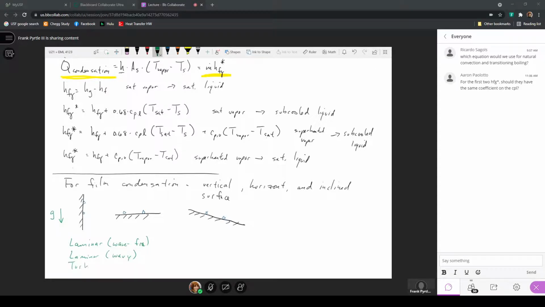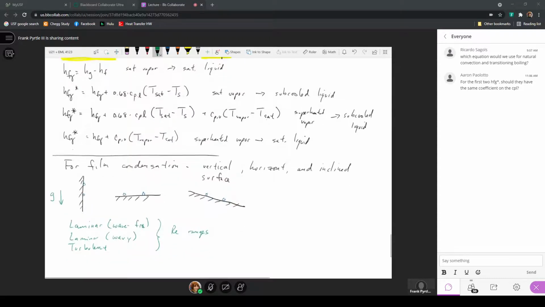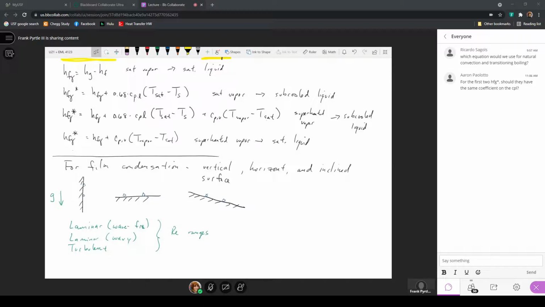And then we also have a turbulent condition. These are all based on Reynolds number ranges. I won't go through them because I don't plan to give you any problems where you have to actually solve these, but if it's a vertical, horizontal, or inclined surface, it's going to tell you this is the geometry or the orientation for the surface. I'd limit myself to, if I have a vertical one, I certainly would not consider correlations for horizontal or inclined surfaces.